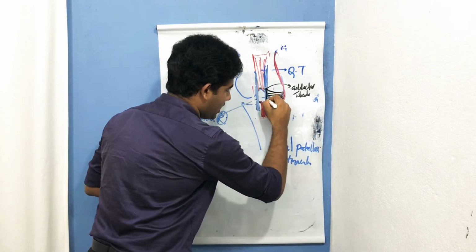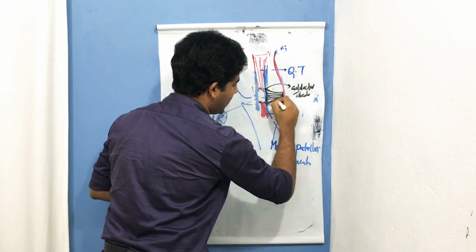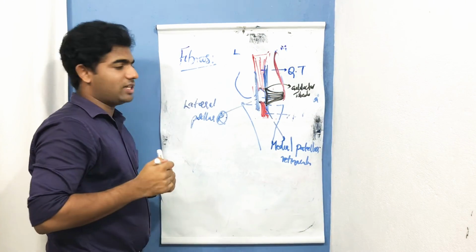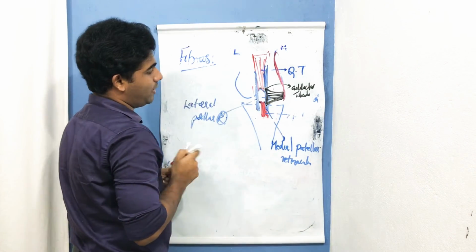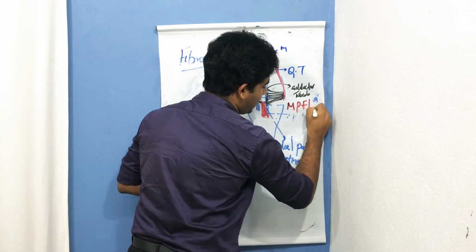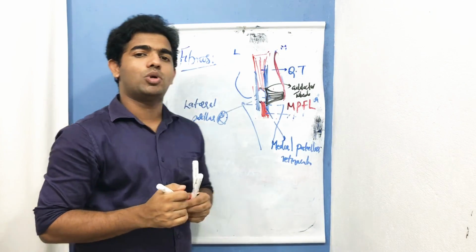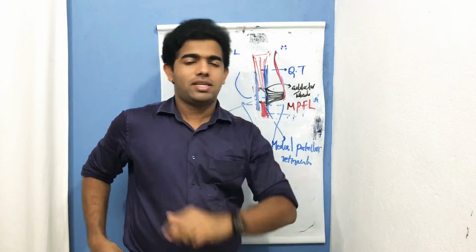This structure is known as the medial patellofemoral ligament. That is a very important structure with regard to stabilization of your patella.